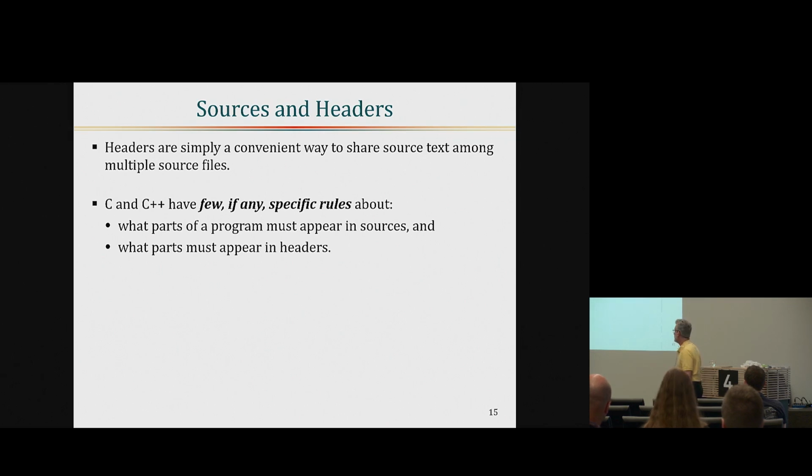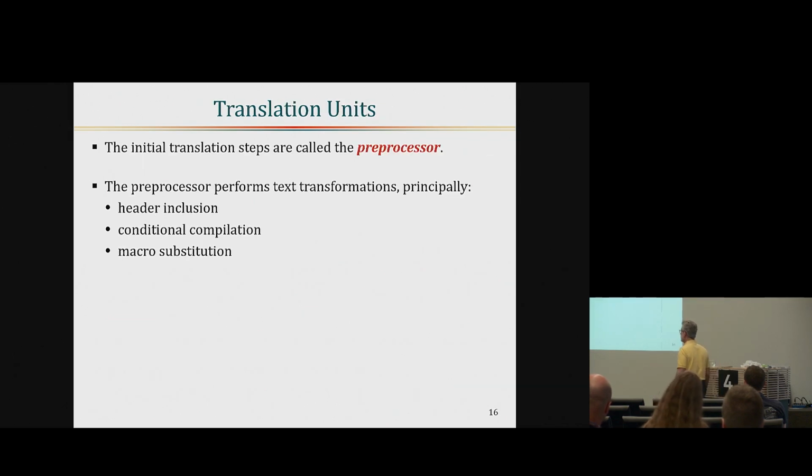And it turns out that a lot of being able to make those judgments depends on understanding scope, linkage, and storage duration and how they interact. Now, as you well know, the initial phase of translation in both C and C++ is running this thing called the preprocessor. The preprocessor is what handles header file inclusion, macro substitution, conditional compilation like #if and #else and stuff like that.